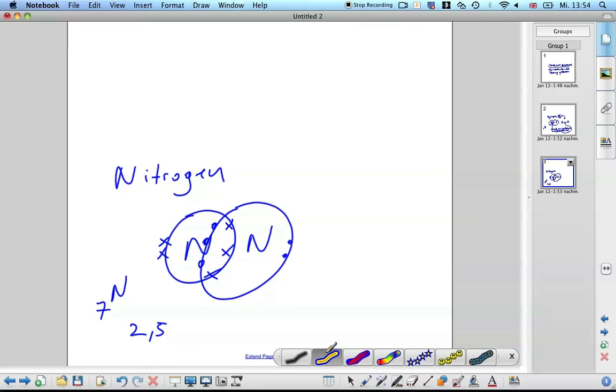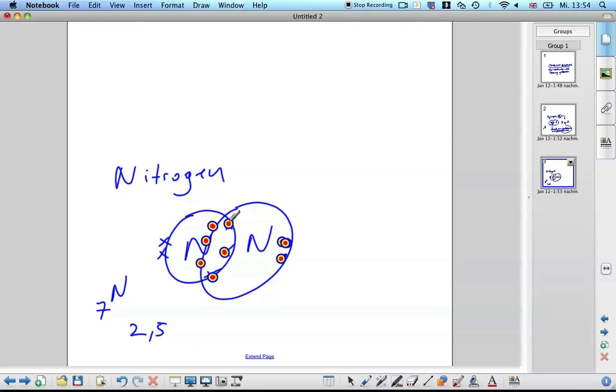Round about this nitrogen shell, you can see 1, 2, 3, 4, 5, 6, 7, 8 electrons. And round about this nitrogen here, 1, 2, 3, 4, 5, 6, 7, 8 electrons.